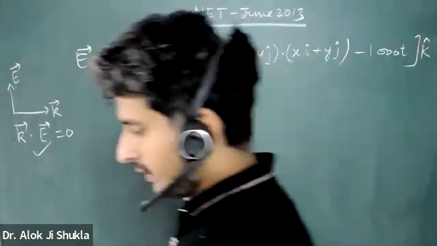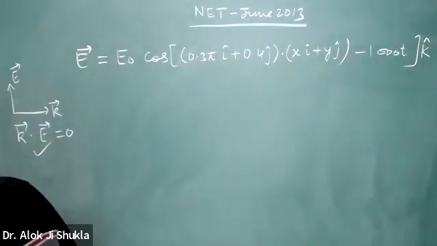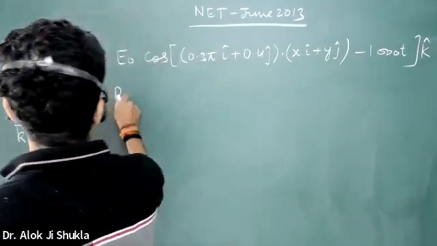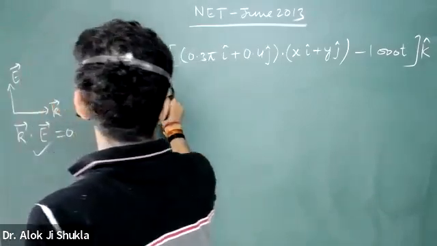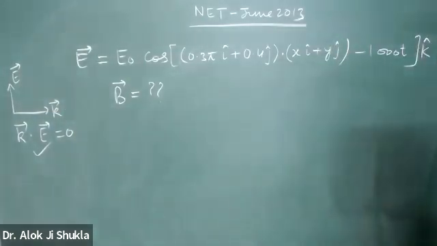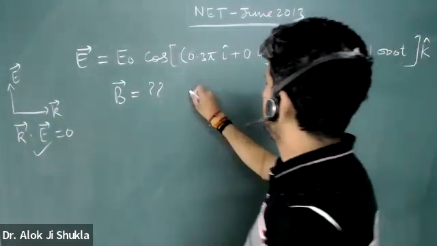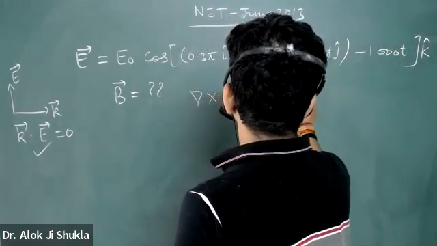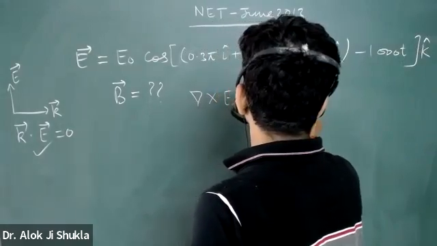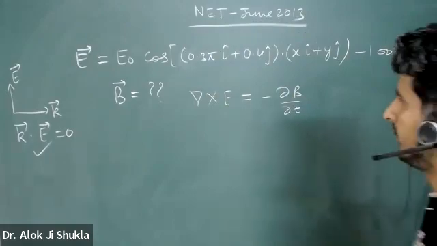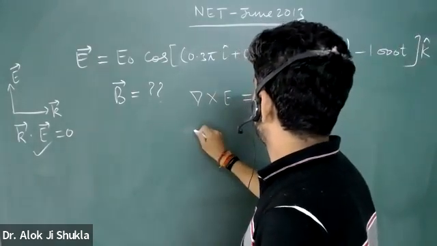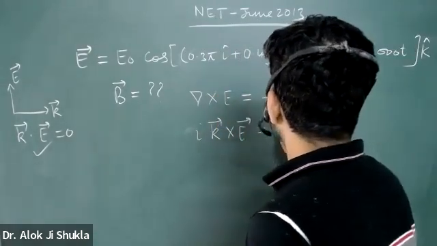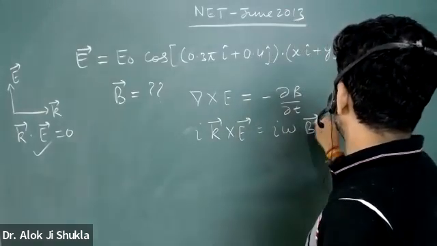Okay. So ये इलेक्ट्रिक फील्ड का प्रोफाइल गिवन है, so you have to calculate magnetic field is equal to question mark. So obviously Faraday's law. What is Faraday's law? Del cross E is equal to minus del B by del T. So take Fourier transformation, iK cross E, because plane wave है, is equal to i omega B, correct?